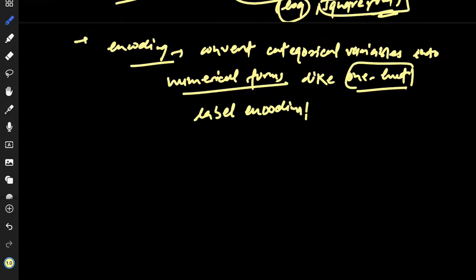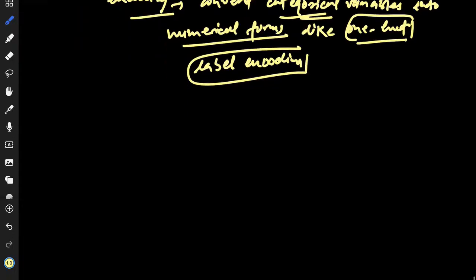So these are various encoding techniques where we convert categorical variables into numerical ones. Then comes feature selection.